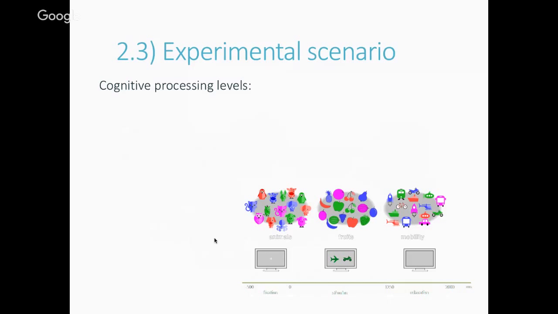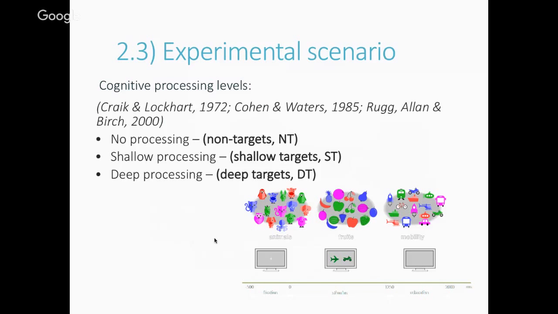In order to investigate this, this new context considers three different levels, namely no processing, shallow processing, and deep processing, triggered by three different types of targets.